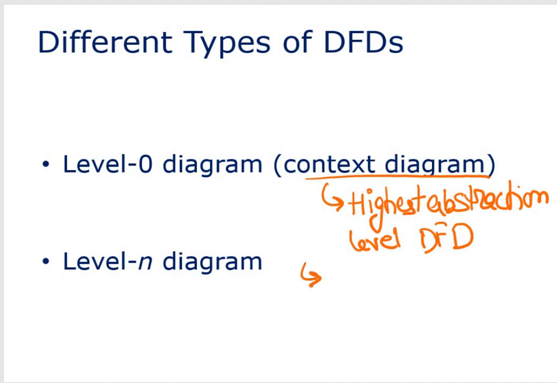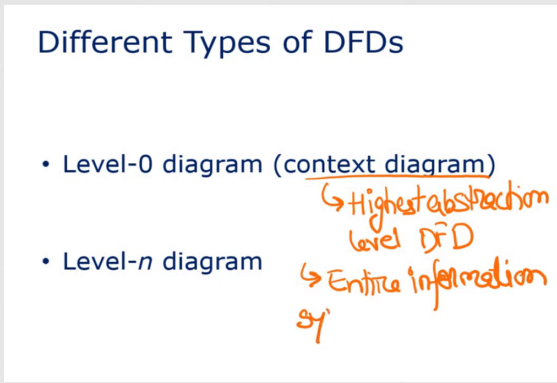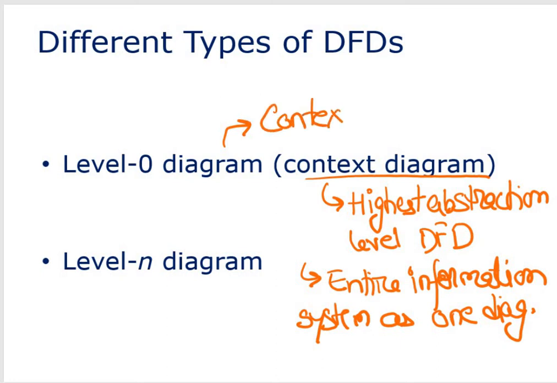And it depicts the entire information system as one diagram, and this diagram conceals all the underlying details, and that's why this level 0 diagram is also called as your context level diagram.